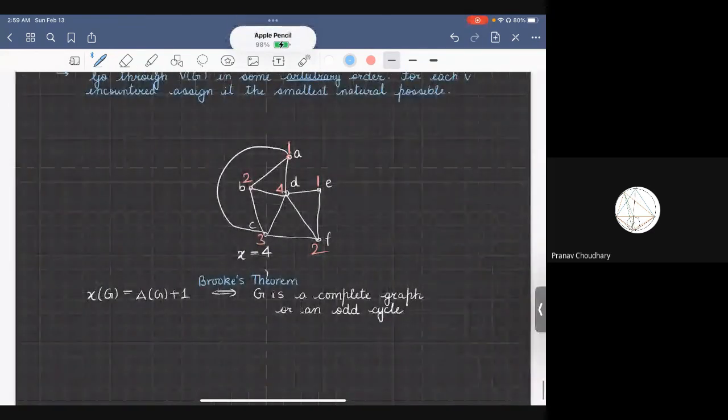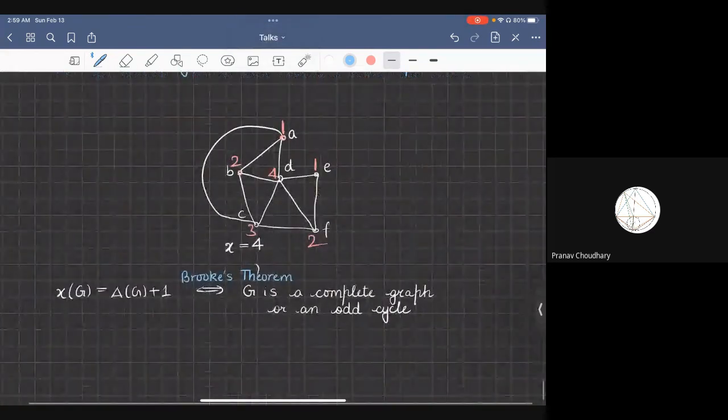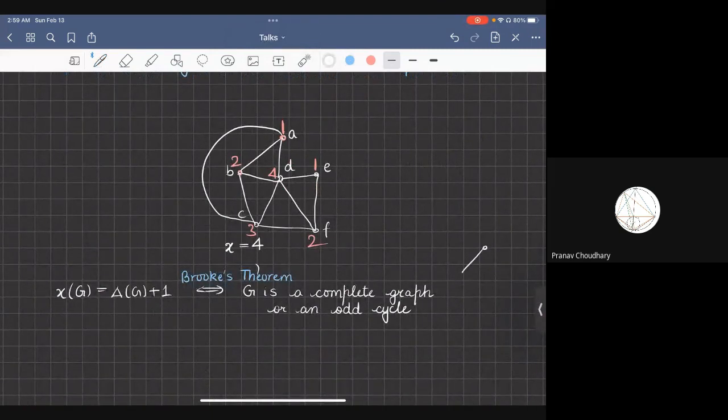What do you mean by G to be an odd cycle? Do you mean that an odd cycle exists in G? No, just literally an odd cycle, like this. It is an odd cycle, not contains an odd cycle. Okay. I have a doubt.